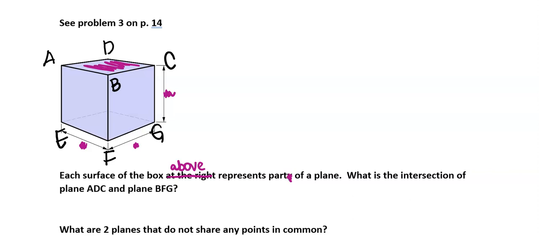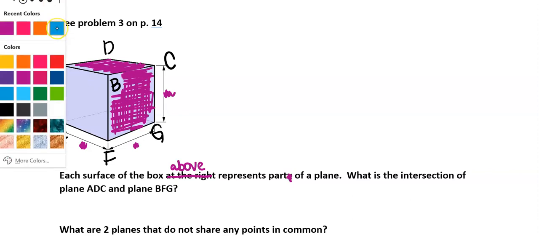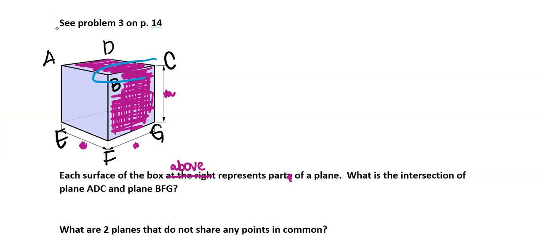Notice that plane BFG is the right side of the box. Those are the only two things that I'm looking at. So if I actually shade them entirely in, notice that, oh, let me change colors because you can't even see that. This part right here is the only part that they intersect in.